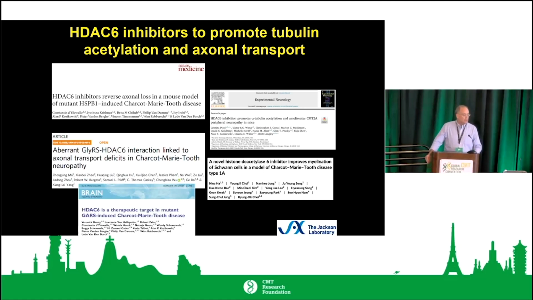That impairs axonal transport, and as axonal transport gets impaired, the axon gets sicker, and you have this kind of positive feedback system. HDAC6 is a histone deacetylase, but it also deacetylates alpha-tubulin in the axon. So if you inhibit the deacetylase, you can conceivably improve acetylation of the tubulin, improve axonal transport, and slow down the whole axon degeneration process in CMT.